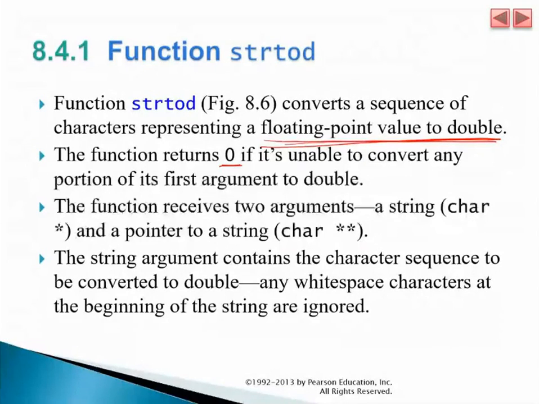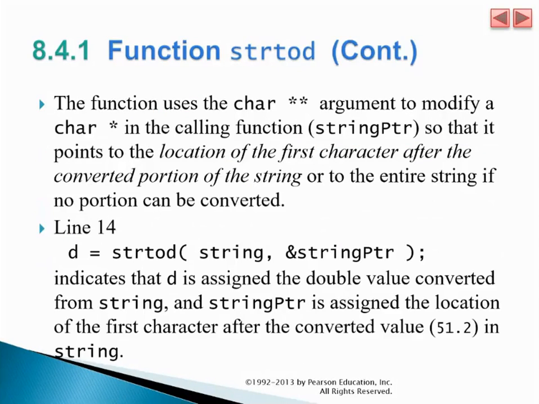The first argument contains the sequence of characters that need to be converted. It is pointing to the string that we need to convert to double. The second argument represents the modified string. It will point to the location of the first character after the converted portion of the string.